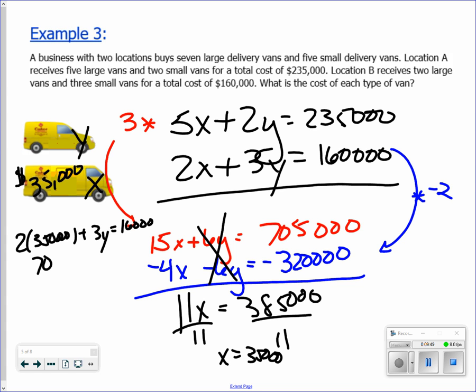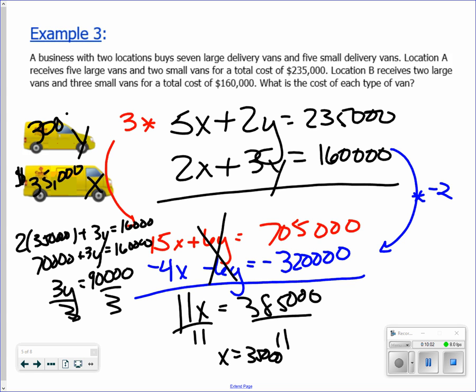So I get 70,000 plus 3y equals 160,000. Subtract 70,000 and get 90,000 and divide by 3. So the big vans cost 35,000 and the small vans cost 30,000.